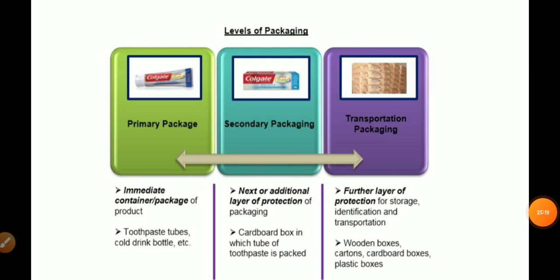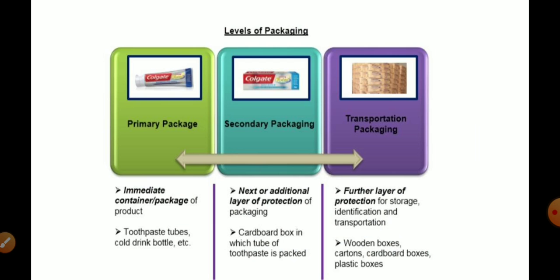Now, packaging. Packaging is also an important part of the organization of the product. Packaging helps in protecting your product and also advertising your product. It has three levels: primary packaging, secondary packaging and transportation packaging. Primary packaging is the immediate, outer packaging of the product, like a toothpaste tube or cold drink bottle.